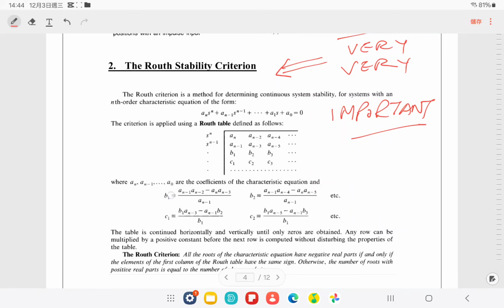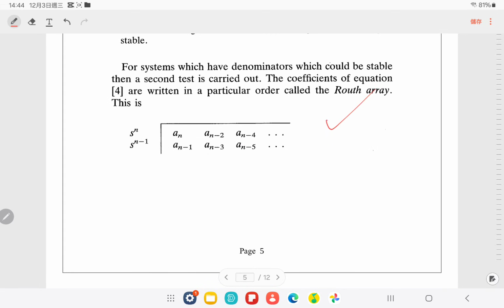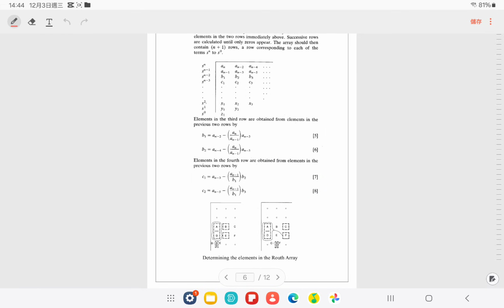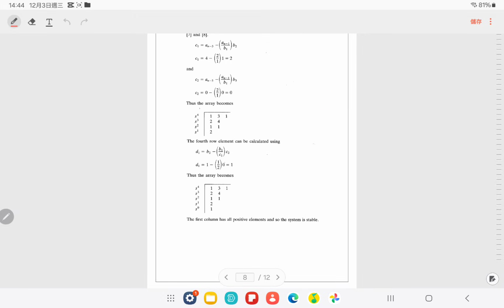How to calculate this, how to find the stability, whether it is stable or unstable, all this stuff. You need to go through all this. Stable or unstable. I put a star, important. Go through the examples.